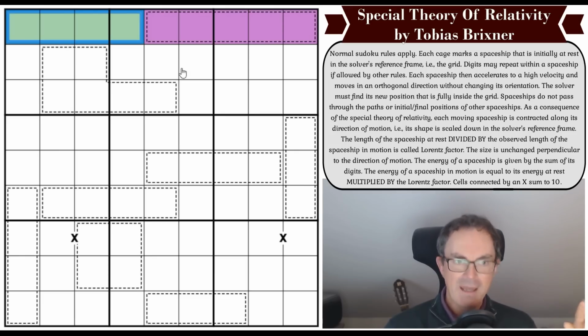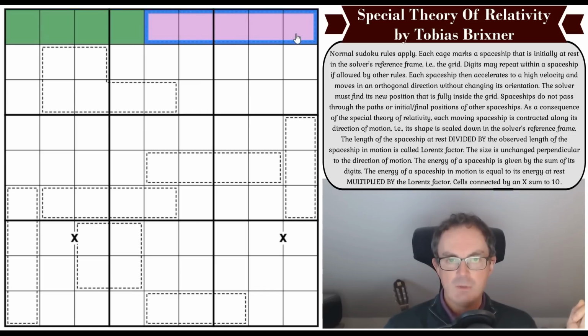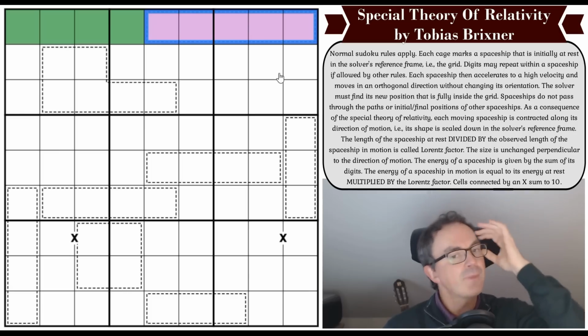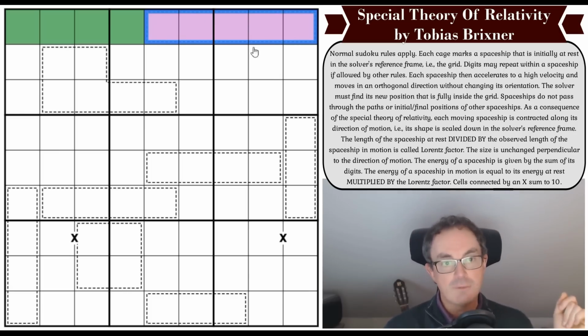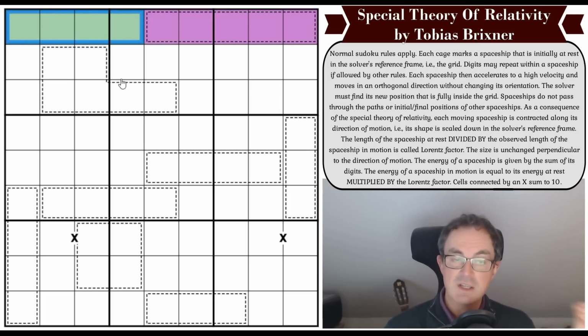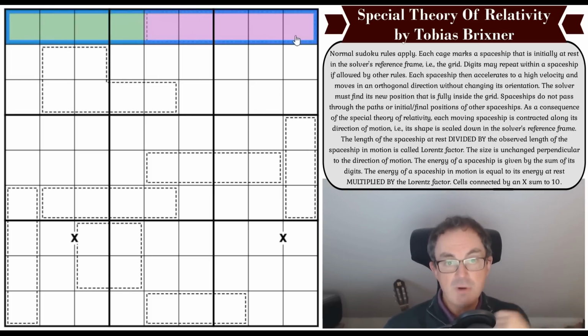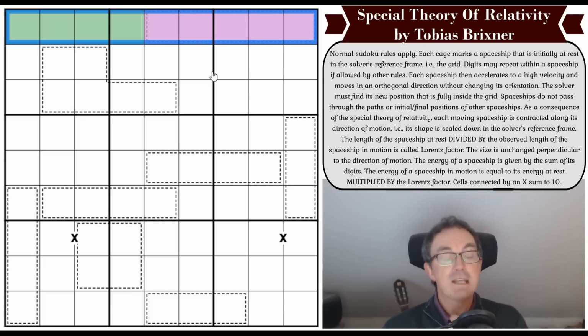Now, how do we get that into terms that we can understand? Well, one way of rewriting the value of this would be 4x over 4. That's also equal to x, isn't it? So 4x over 4 plus 5x over 4 is 9x over 4. So this row adds up to 9x over 4.